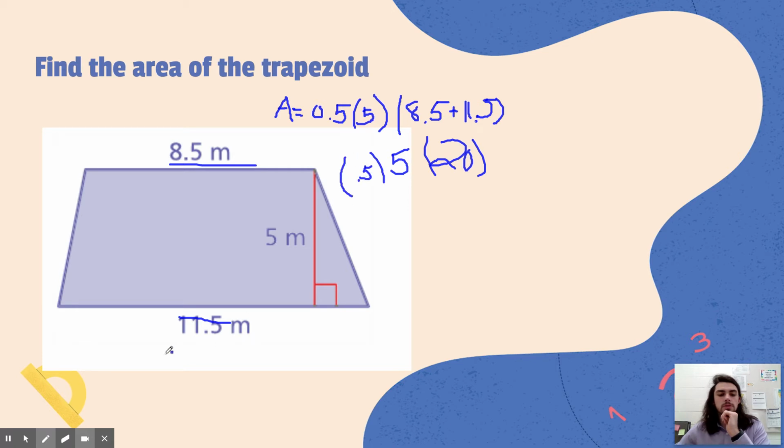And then I can just type this all into a calculator and get an answer. Or I can do it out loud in my head. So what's half of 20? Half of 20 is 10. Times 5 is 50. Or you type it all in the calculator and you still get 50 meters squared.